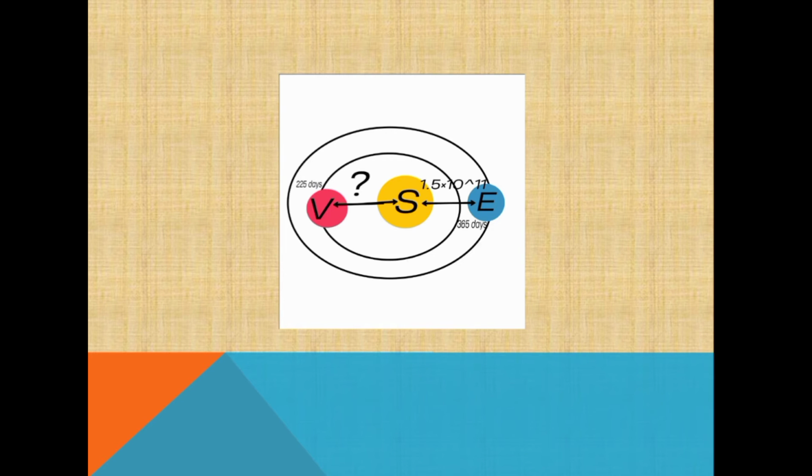Say for example, this is the Sun, this is Venus, and this is the Earth. If the distance between the Sun and Earth is 1.5 times 10 to the power of 11, what is the distance between Venus and the Sun if it orbits around the Sun in 225 days?